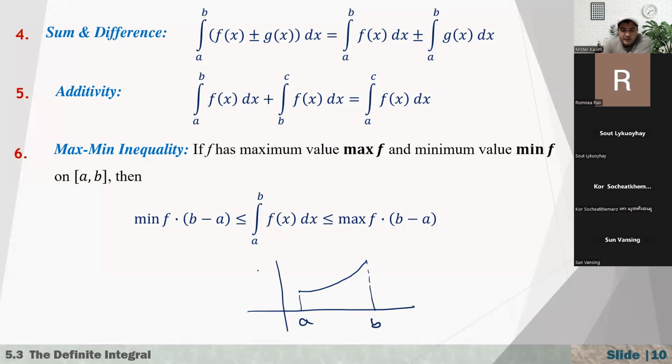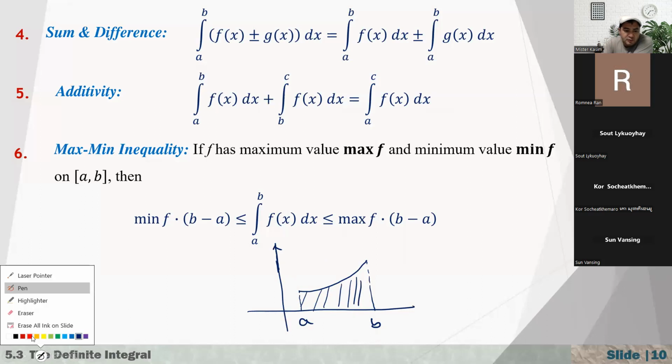This inequality is saying that the area under this curve is always between these two rectangles. The first one is the minimum value of f times b minus a. It is this rectangle.